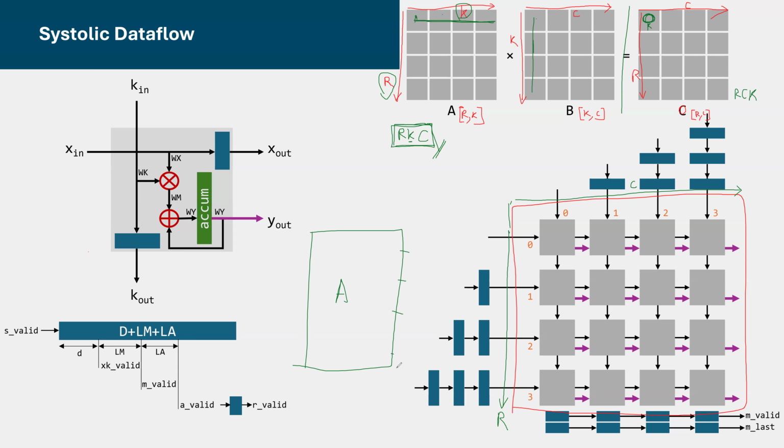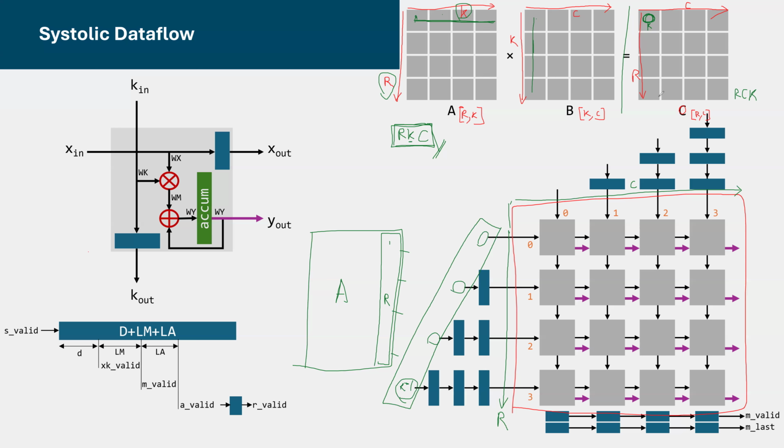So you are sending one vector at a time, and each vector is of dimension R, so R number of elements, and you are sending that in every clock cycle. So this is 0, 1, 2, up to R minus 1, and you are sending this entire vector at once along here.